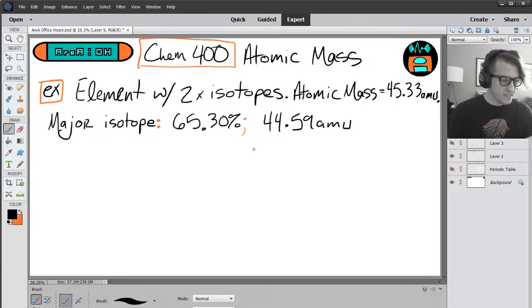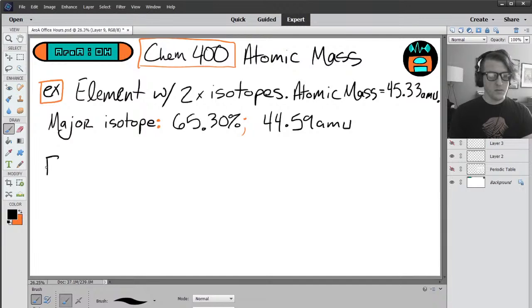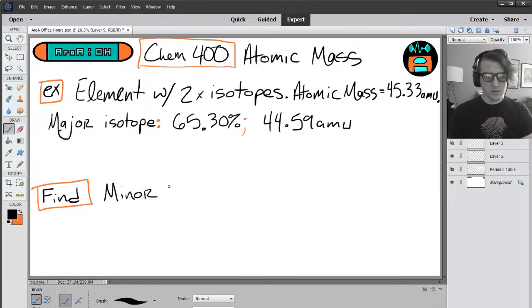And then we're asked to find the minor isotope's atomic mass.